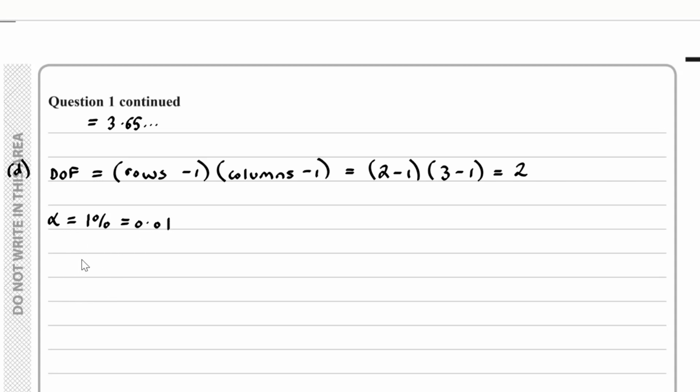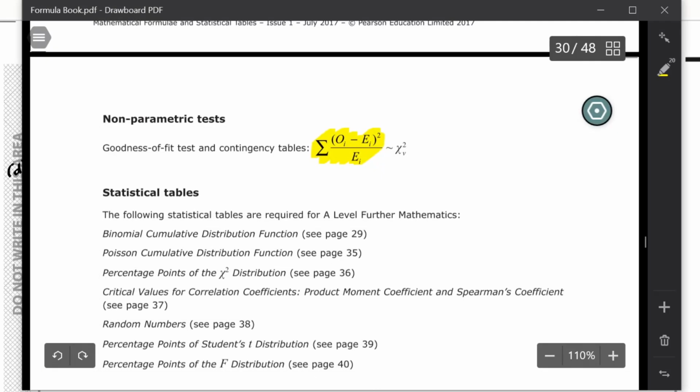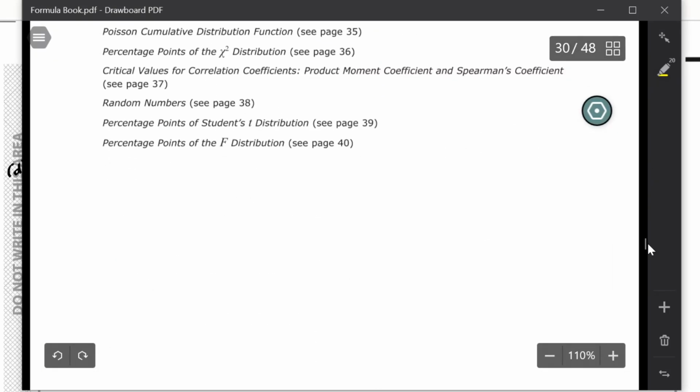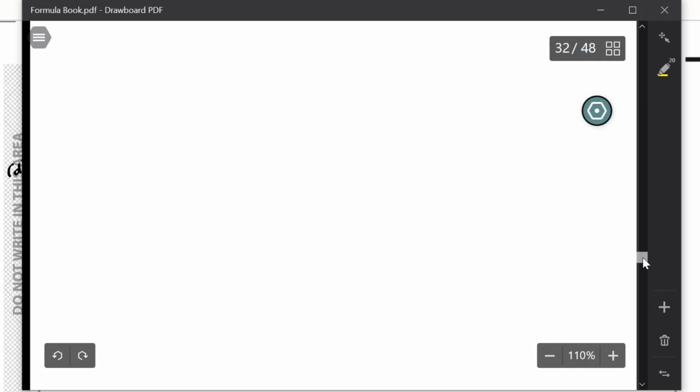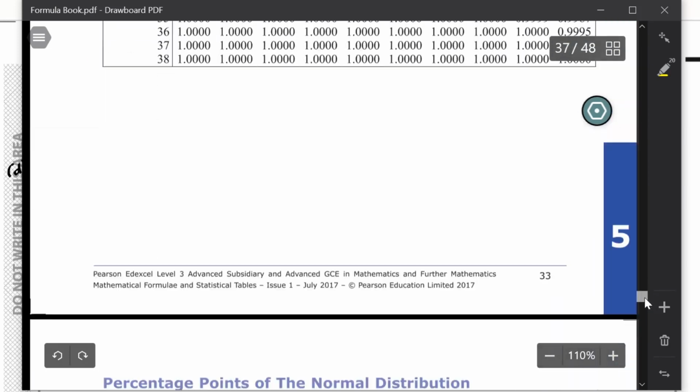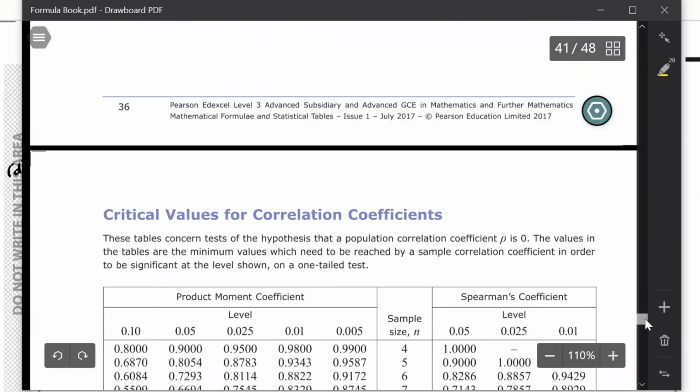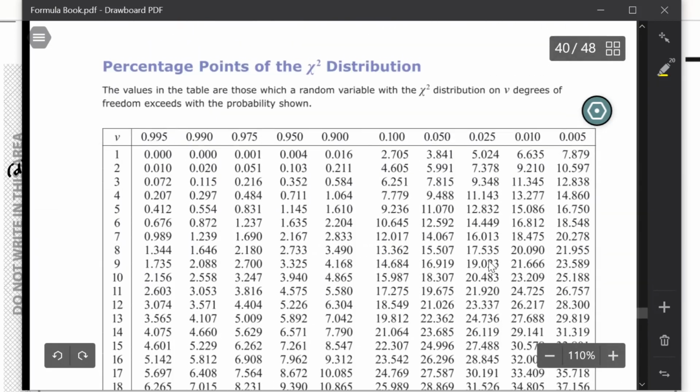With this we can find our critical value. We have the degrees of freedom, which is 2, and the level of significance, 0.01. The critical value we can find in the formula book. Going to the formula book, it's over here.